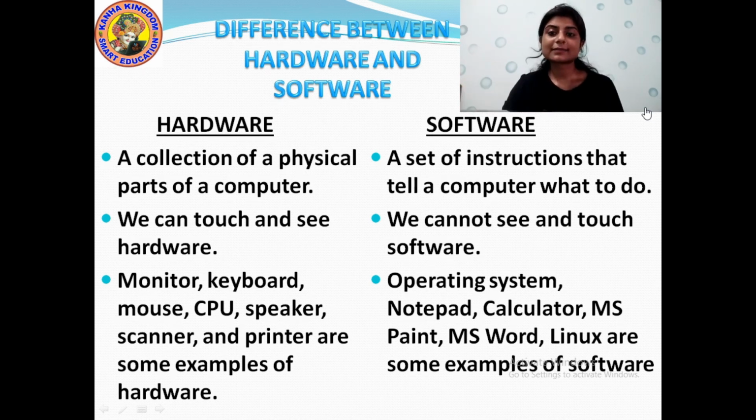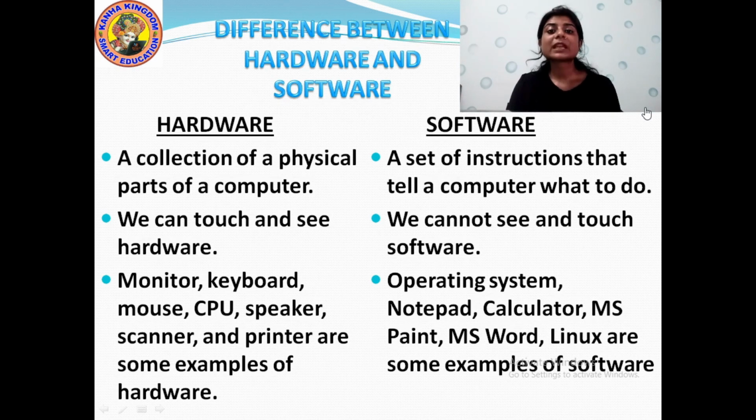And now what is system software? System software is a software by which we can run the computer system. Without system software, we cannot run the computer system. We need to install a system software inside a computer to work on it.